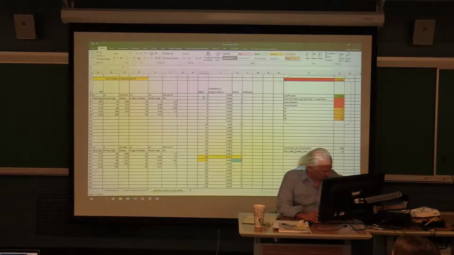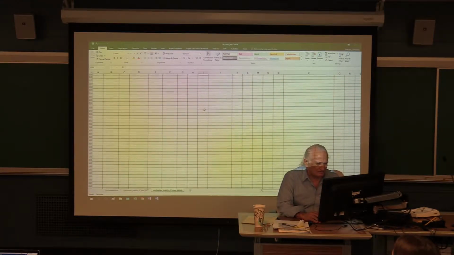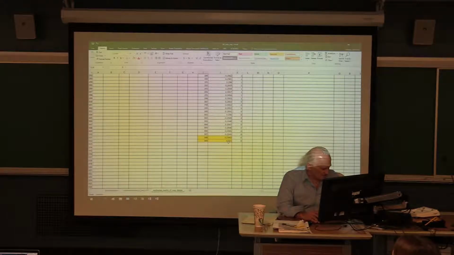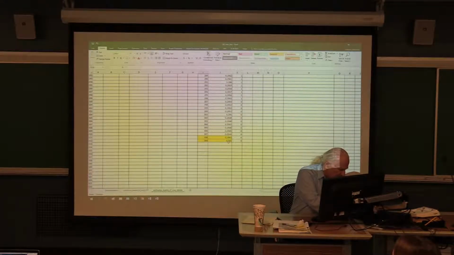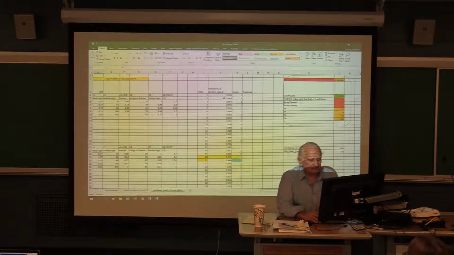Okay, so 309 records right here. There you go. And everybody has been assigned a probability of being cancerous, right? So 1 means the person has cancer, 0 means the person does not.